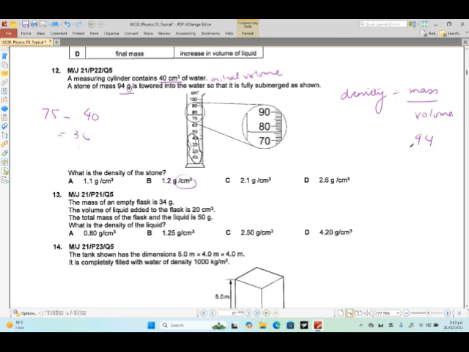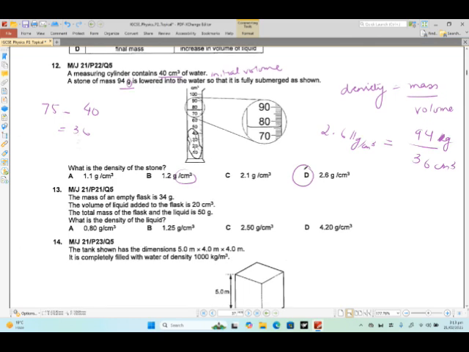So 94 over 35. This is our mass, this is our volume. Sorry, it was not in kgs, it was in grams. So this is going to give us 2.611 grams per centimeter cube, and if we round off the answer, then we will get D as the answer.